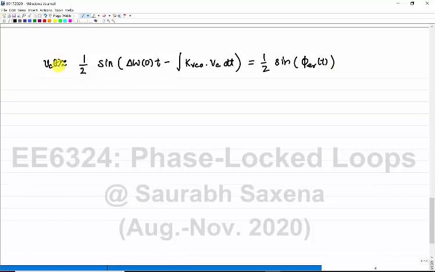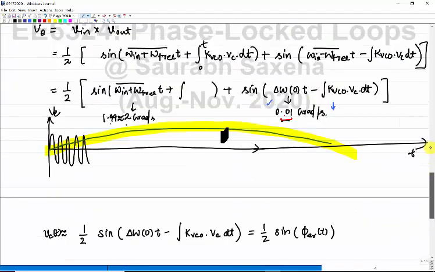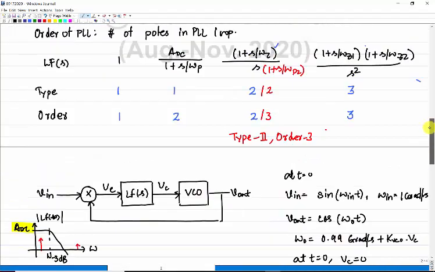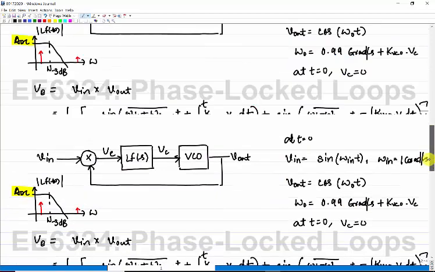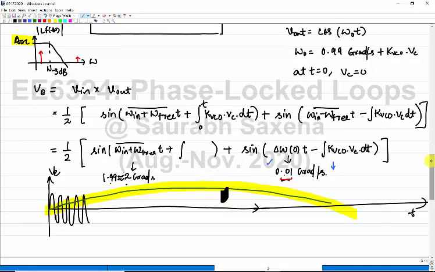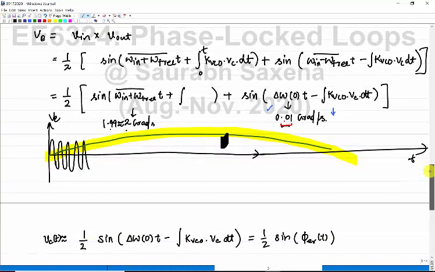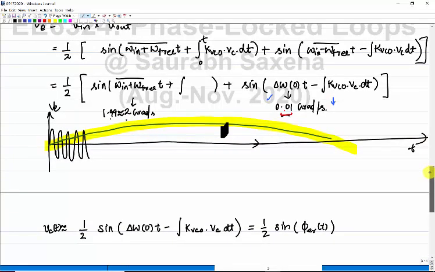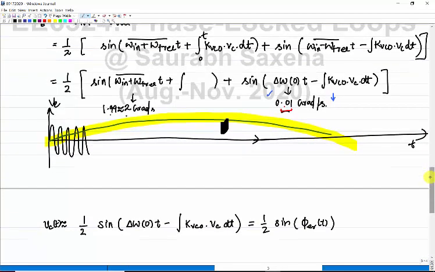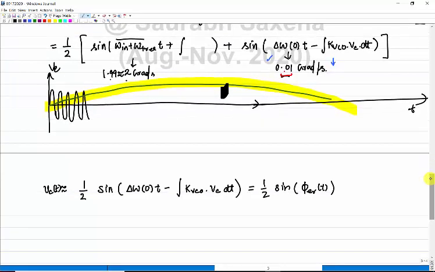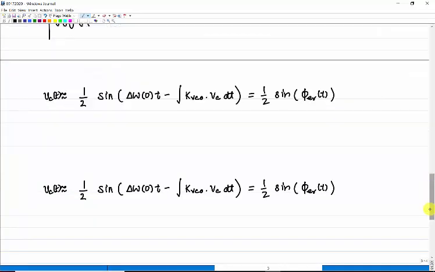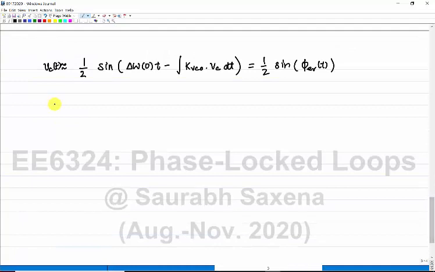Right? Now, how does the frequency change? See, we are looking step by step. We said, okay, you have initial frequency error. That initial frequency error led to voltage error, led to control voltage error. Phase error leads to control voltage. This control voltage is going to change the frequency, and how is frequency defined?